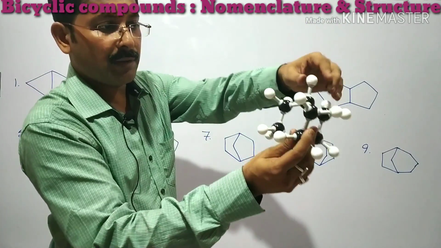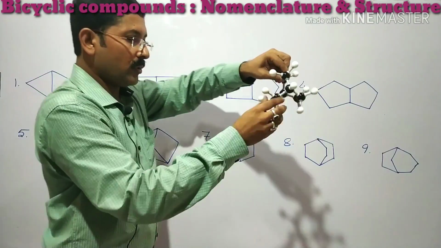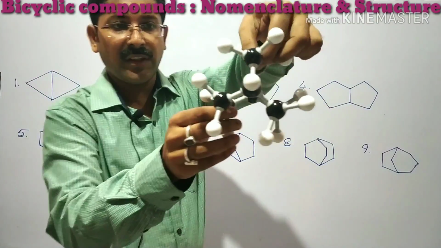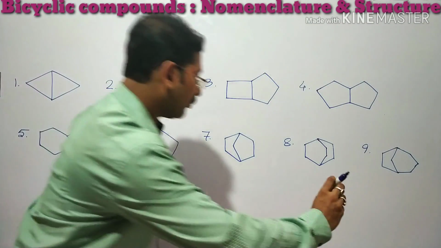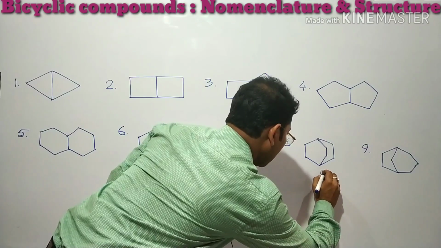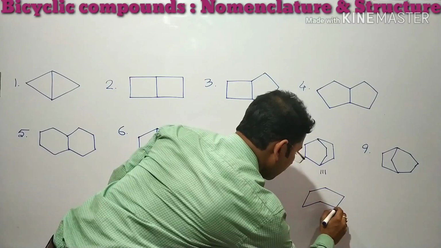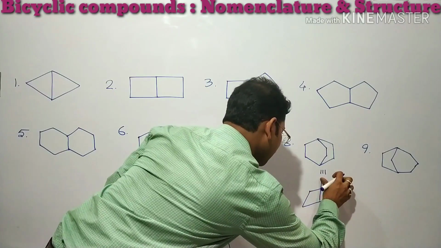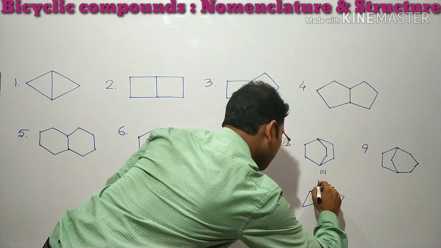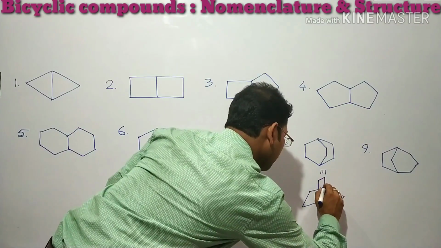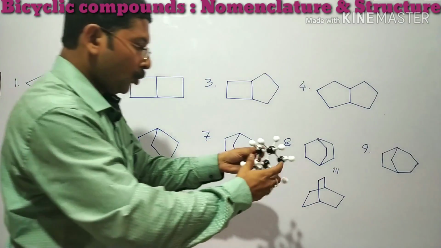Okay, this compound can be visualized in this way. If we look at this structure from this angle, you will find this structure like this. So these 2 structures are actually, look at here.